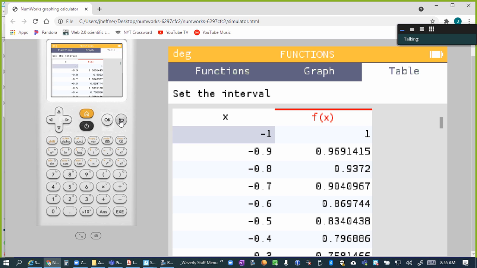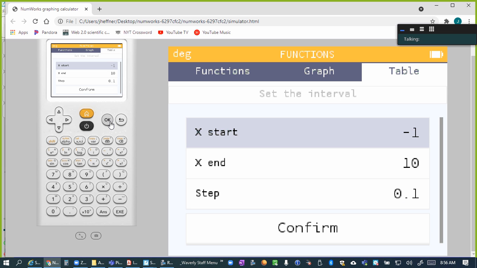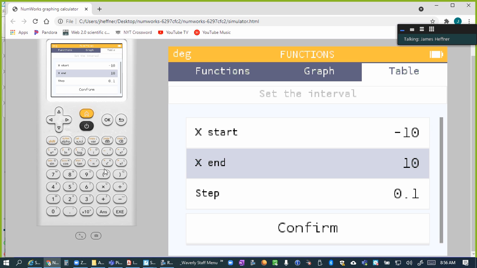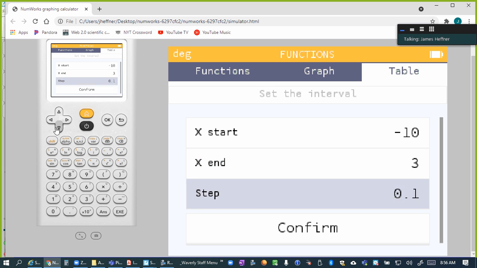I'm going to hit this back button, go down to set interval. Okay. The graph's going the other way, so I'm thinking maybe -10. Let's go out to 3 just so we can see some undefined stuff, and maybe we'll do 0.1 like that. Hit confirm.